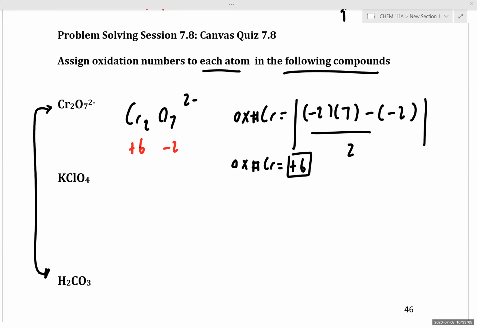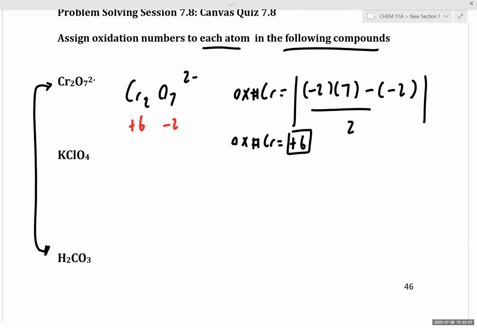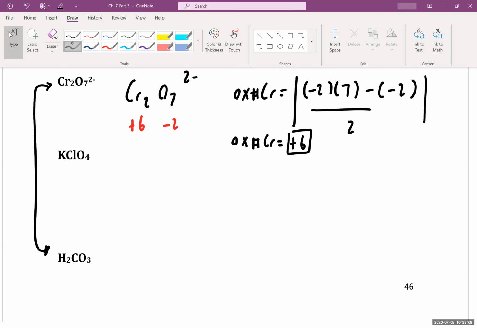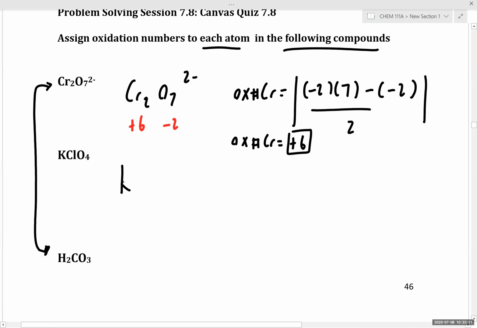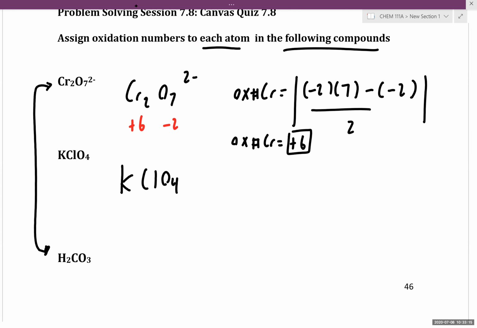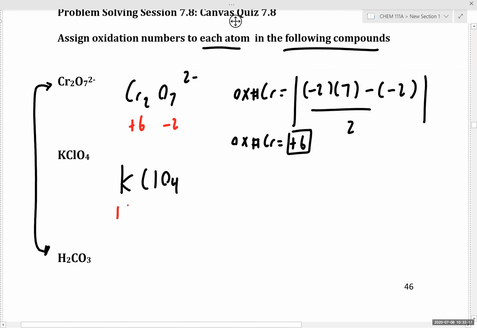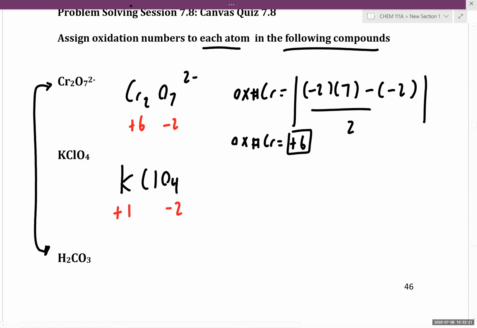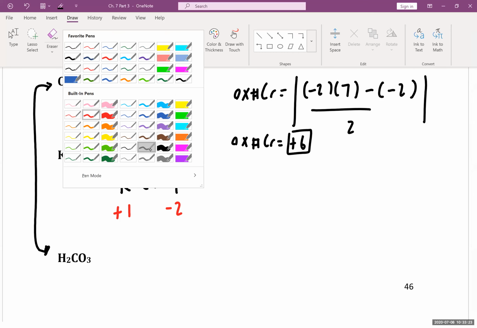So let's look at the next example, which is potassium perchlorate. So let's try to get the easy things out of the way first. We know that potassium prefers an oxidation number of +1. Oxygen prefers an oxidation number of -2.